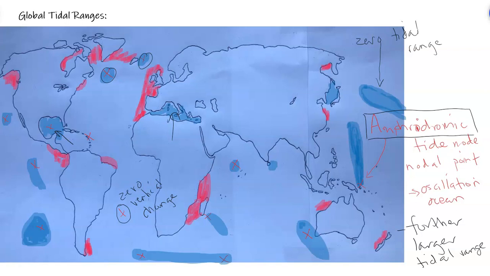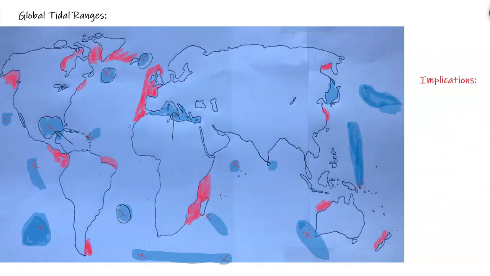So if you're going to color the whole map in, you'd have an area of slightly increased tidal range around the blue shaded areas, and as it goes further away, you're going to start to get increased ranges up until the point where it hits the already highlighted red areas, and you get that consistent increase or decrease away from the amphidromic points.